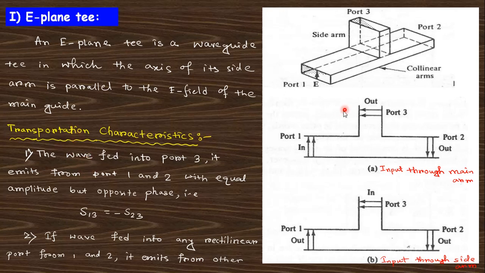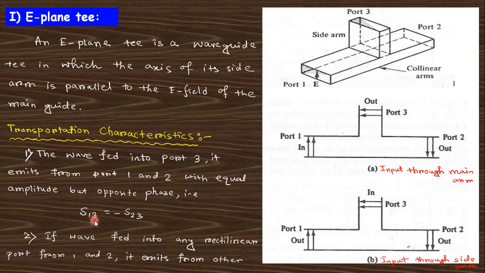Okay, for example, when the microwave is fed into port 3, then there is equal amplitude at port 1 and port 2 but in opposite phase, right? So you can see this S matrix, that is the scattering parameter.